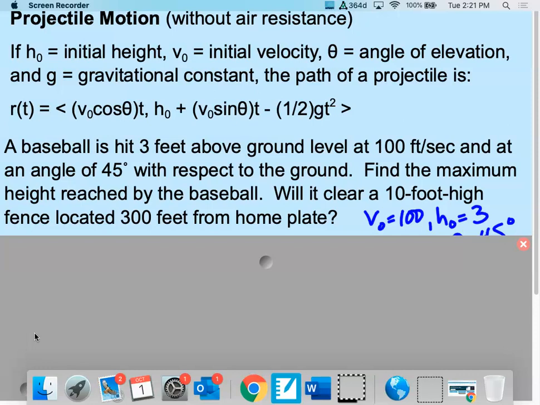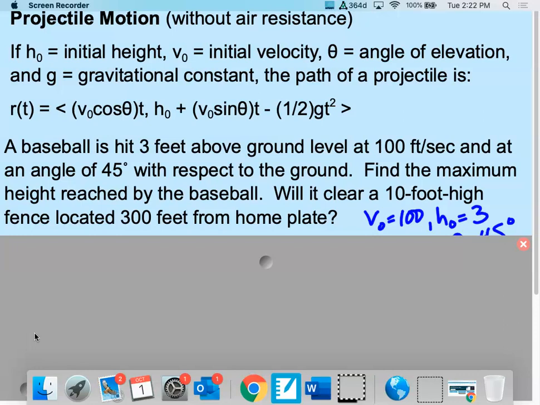At an angle of 45 degrees, what does that represent? Angle of elevation, so we're going to call that theta. Your theta is 45 degrees. We can plug those three tidbits into the problem and fill in quite a bit. Also, do we know g? Do we know gravity?